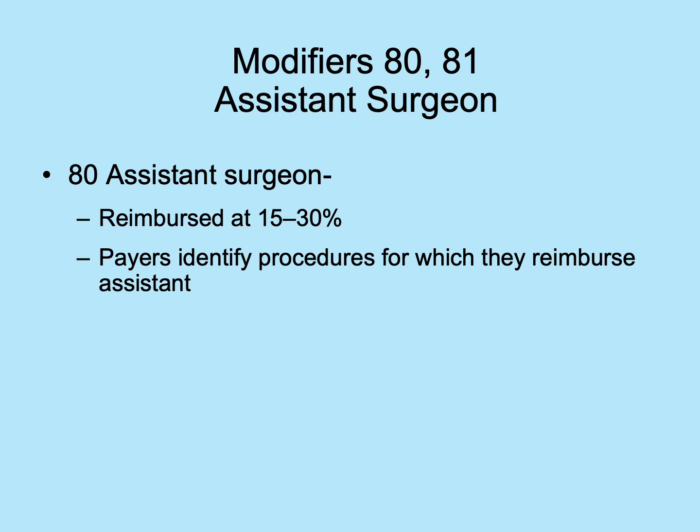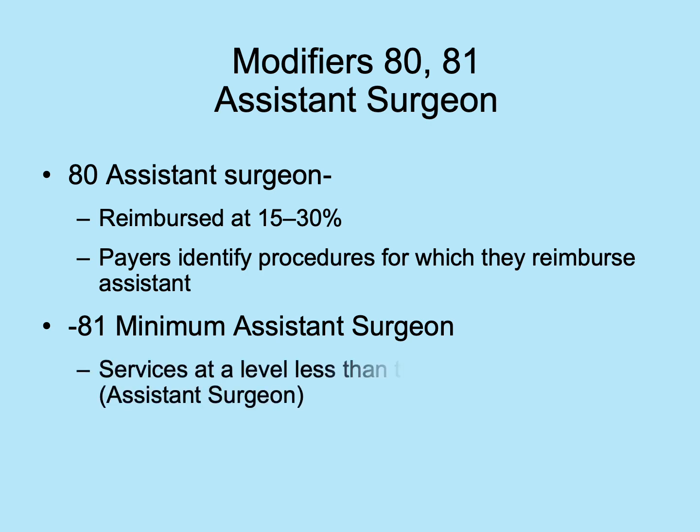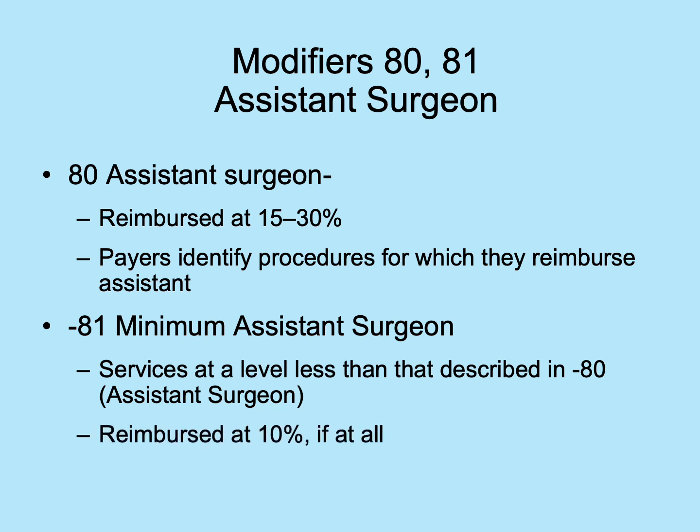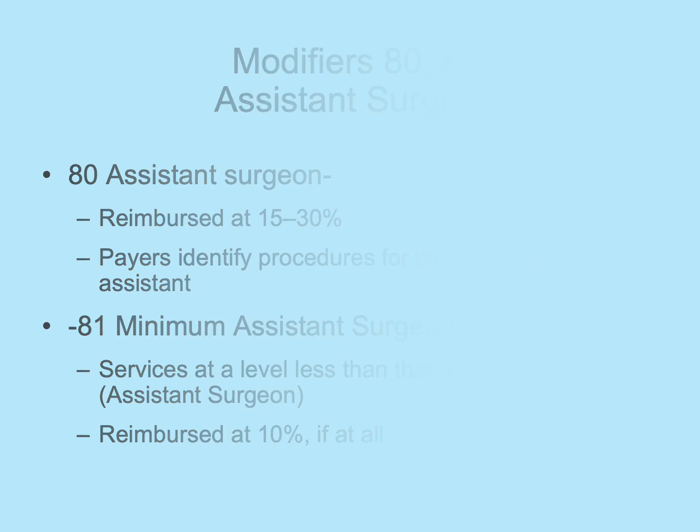Not all codes will accept an assistant surgeon. 81 is minimal assistant surgeon, a level less than assistant surgeon. So reimbursed in 10%, if at all. Sometimes it's just like, thank you very much, but we're not paying you.